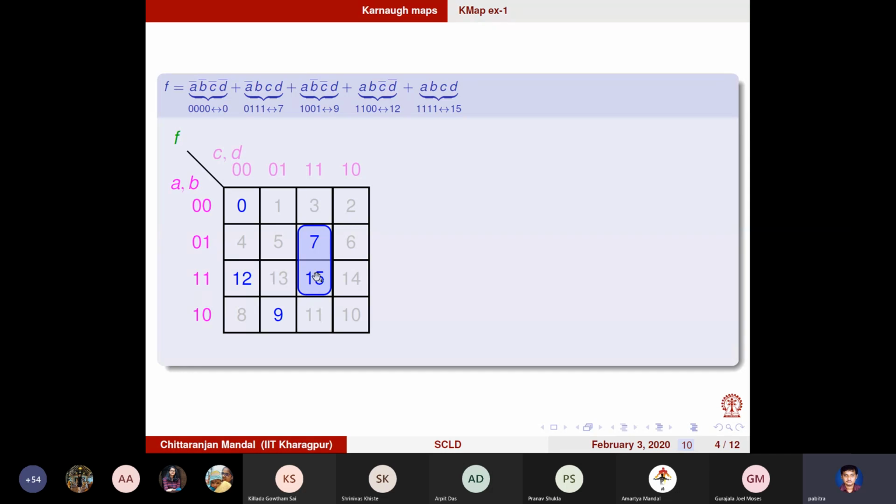For example, here you see the variables C and D are both 1. They do not change. They are constant over the cube. Similarly, the variable B is also constant over the cube. Only the variable A varies over the cube. It's both 0 as well as 1 in the cube. So A can be eliminated.